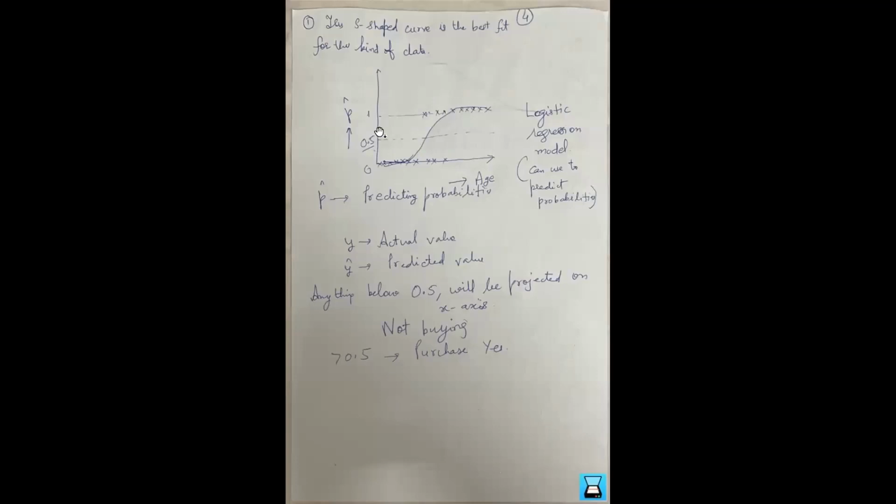Then we said that we want to know in a crisp manner. So we put a line here corresponding to 0.5, and if it is more than 0.5, we will say it is yes. If it is less than 0.5, it is no. This can be used for classification also.